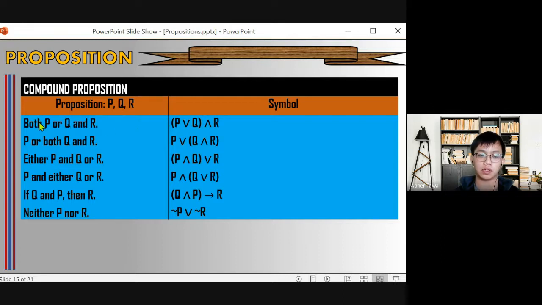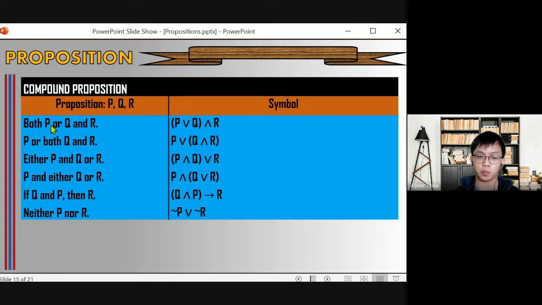So we have here, if you have here a proposition P, Q, and R, and it states that we have here a compound proposition both P or Q and R, we can symbolize this from the word both. Ibig sabihin, dalawa yung tinutukoy niyan.